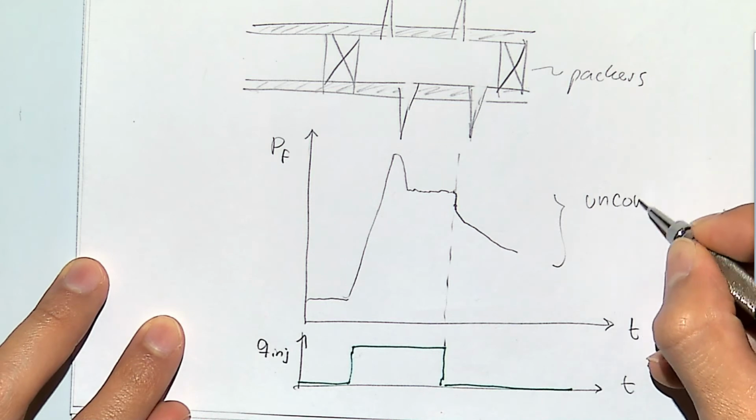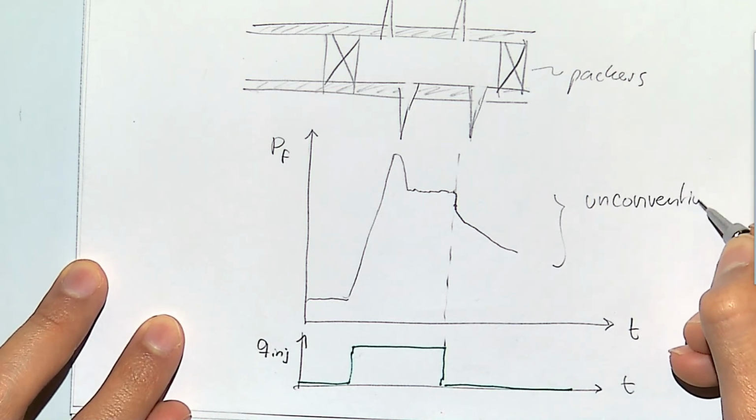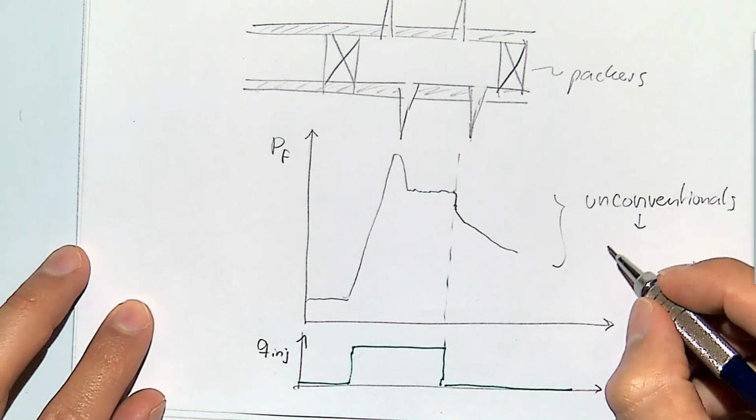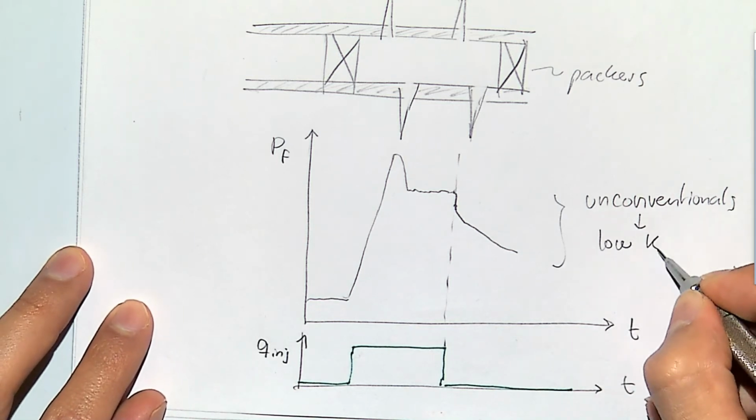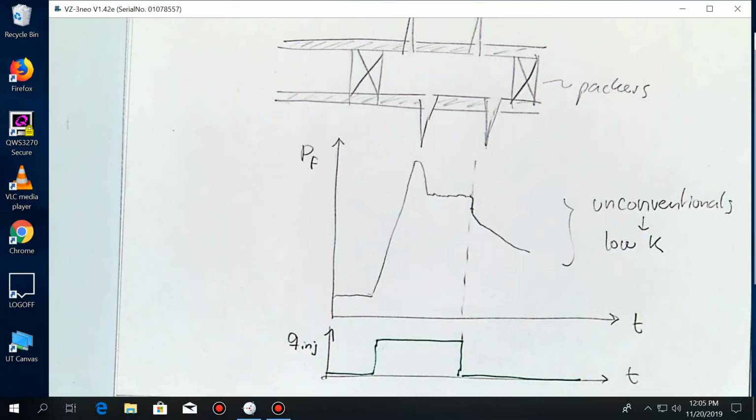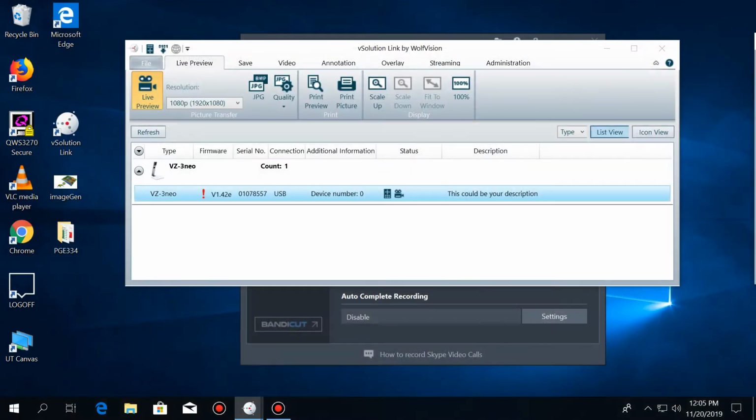In unconventional, the difference now is going to be that because the permeability is very low, the method that we applied before is not going to work that well. And in order to analyze a little bit better what could be the fracture closure pressure and what is going to be the permeability of the reservoir, there are some other methods that are used for calculating this pressure.